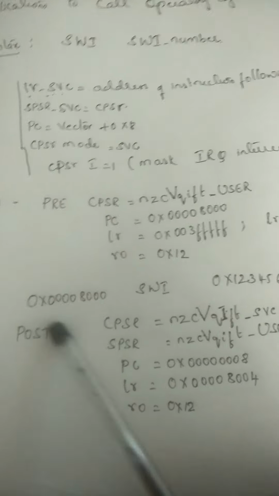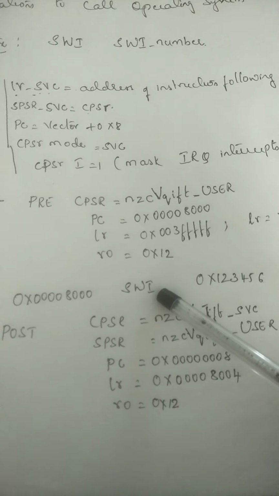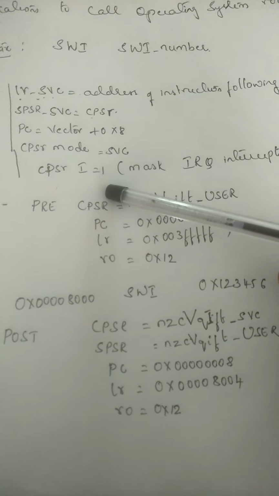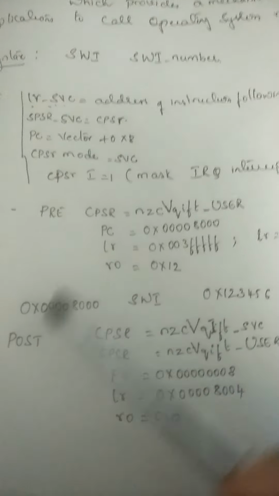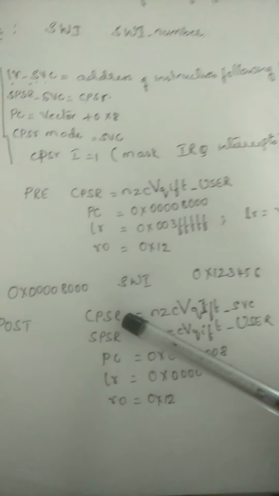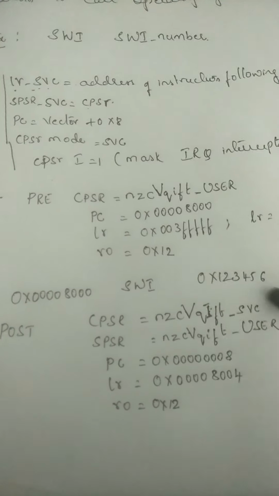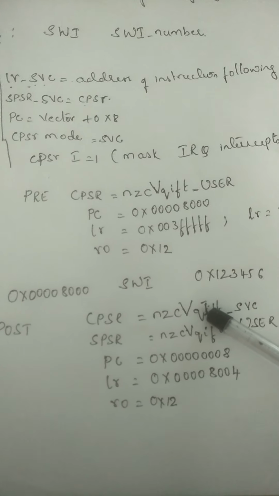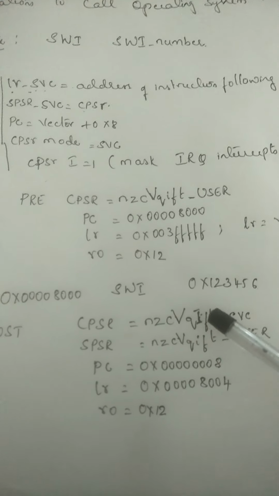Then the postcondition, after executing this. The precondition is the state of CPSR, PC and LR before the SWI, and here is the postcondition. CPSR automatically changes from user mode to SVC and I is enabled, which means it will mask the interrupt request.